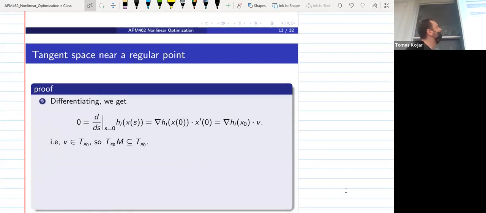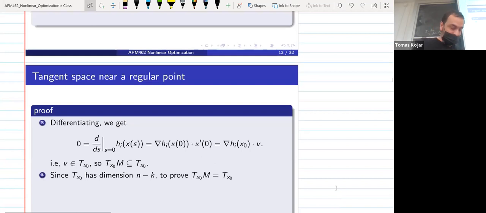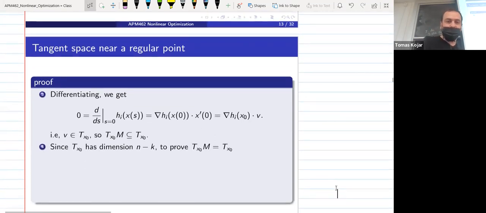We proved that if you're a tangent vector V, then you're normal to the constraints. So I got one subset, and now we're going to use some linear algebra.